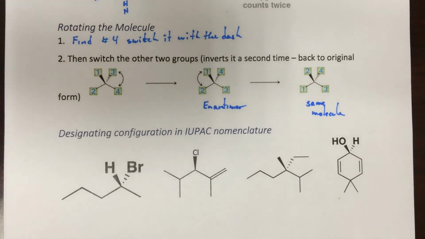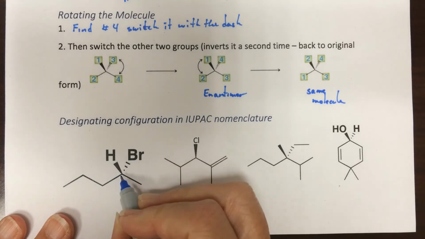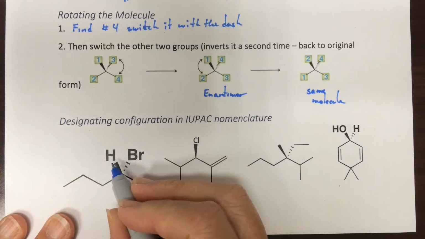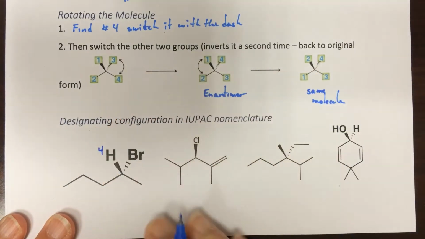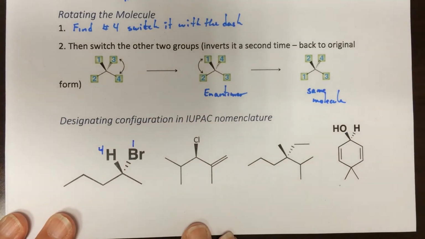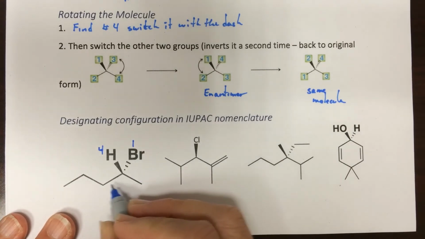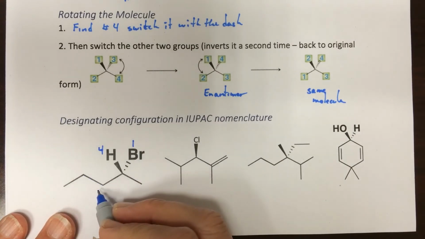So designating the configuration here. So here we've got a hydrogen, that's going to be number 4, and a bromine, that's going to be number 1. Then we've got a methyl group on this side, and over here we've got a longer chain.